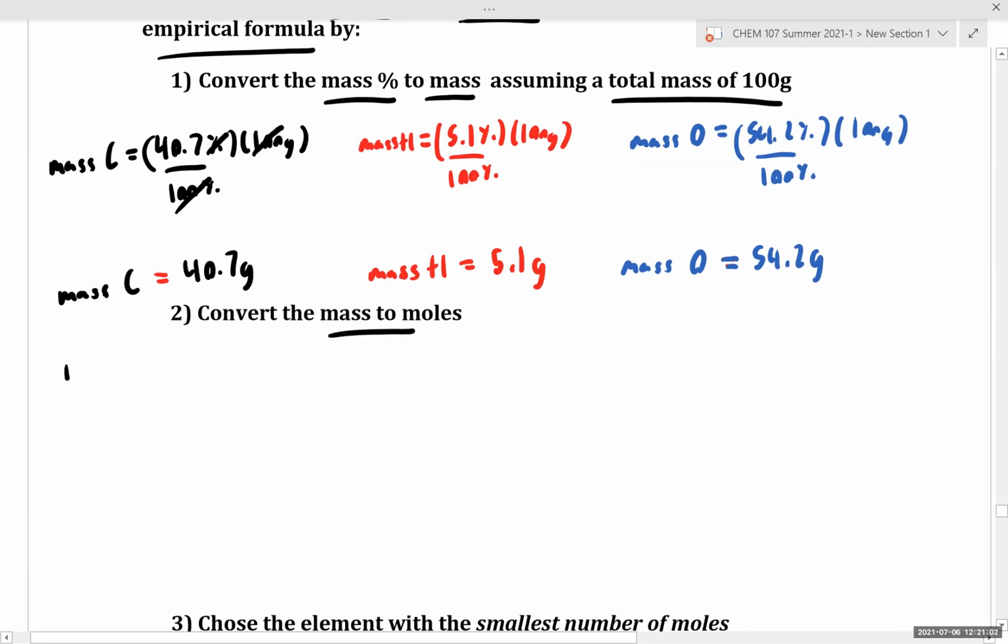And we do that by taking the mass over the molecular mass or molar mass of each element. So, given that we have the mass of carbon, hydrogen, and oxygen, and we can look up the molar mass in the periodic table, let's take a few moments and let's try to calculate the moles of carbon, hydrogen, and oxygen.